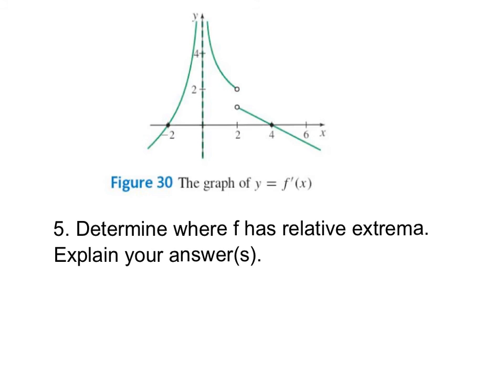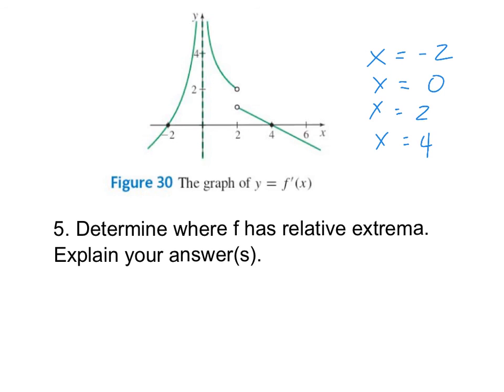So what are your critical numbers? So the critical numbers are negative 2, 0, 2, and 4. Because remember, the critical numbers are where the derivative does not exist. The derivative does not exist at 0 because of the vertical tangent line, and at 2 because there's a jump.